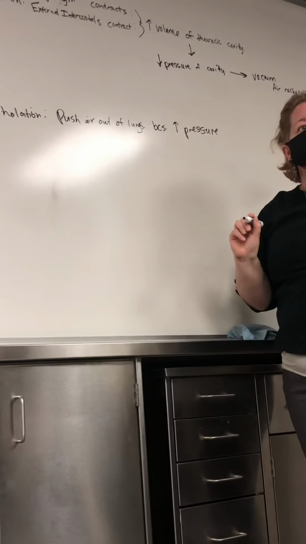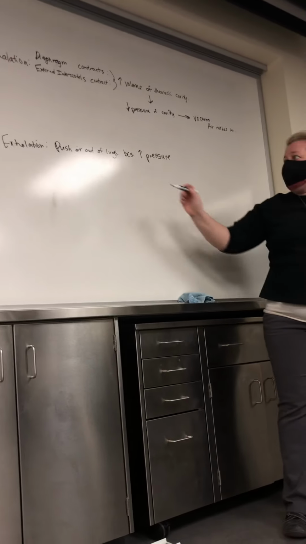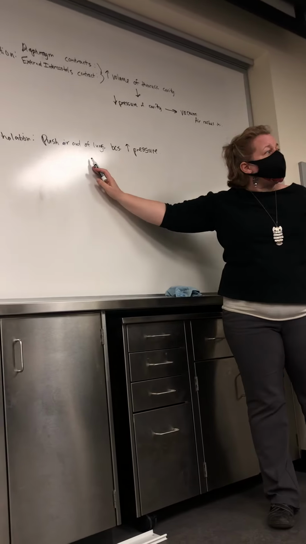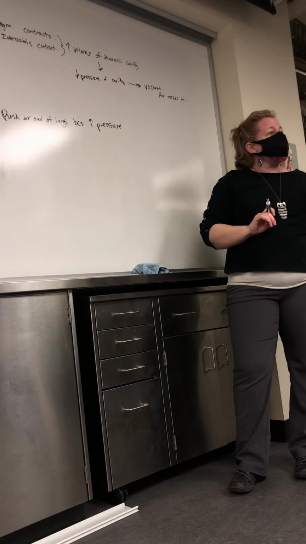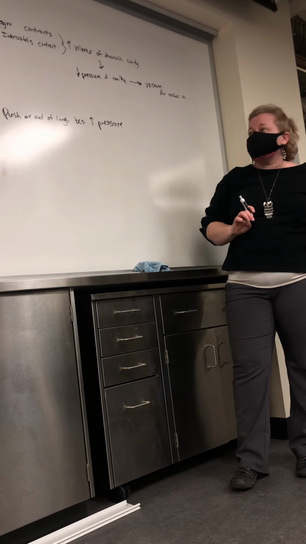Everybody with me? You're going to allow air to be pushed out of the lungs by increasing the pressure in the lungs. You're going to be equalizing the pressures inside and out. It's a very slight difference in pressure from the inside of the lungs to the outside, but it's enough to push the air out. It's like the opposite of a vacuum.